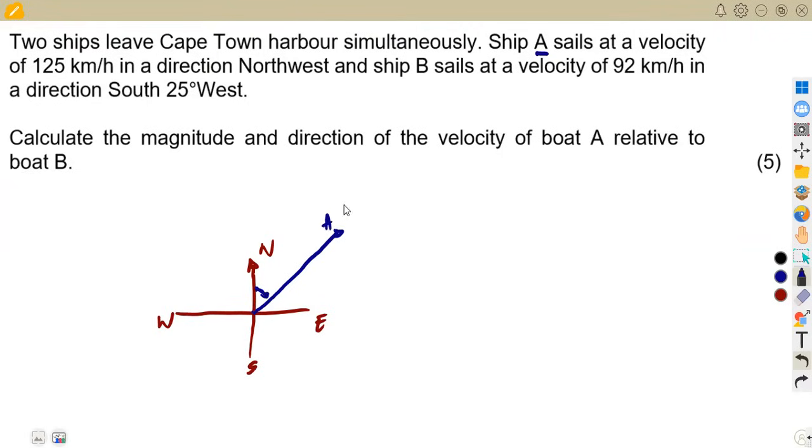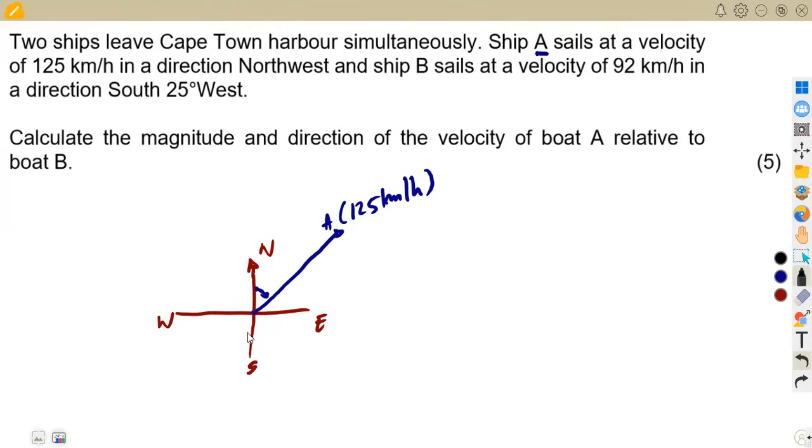So this is our A, at which velocity? 125. Take note, A at 125 kilometers per hour. Then B sails at a velocity of 92 kilometers per hour in the direction of south, 25 degrees to the west, from the south to the west.